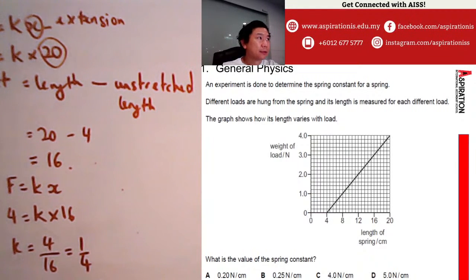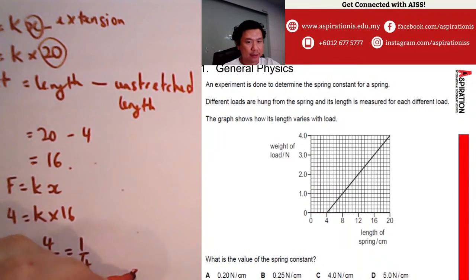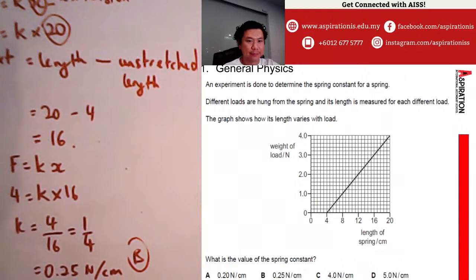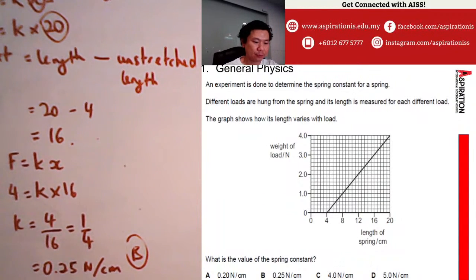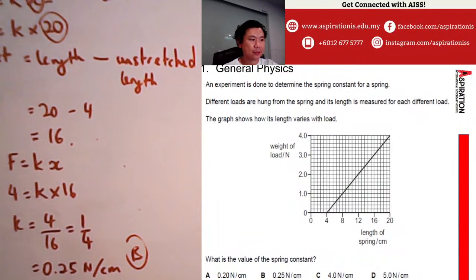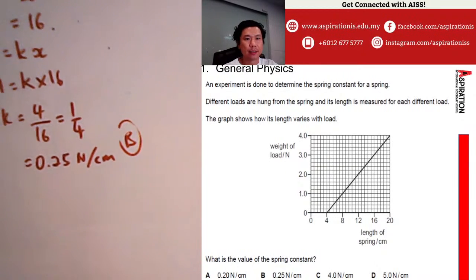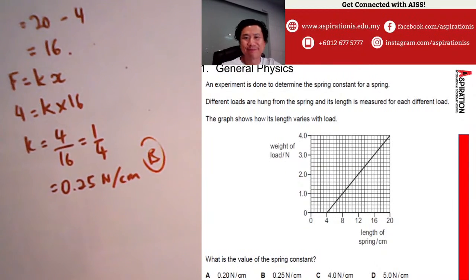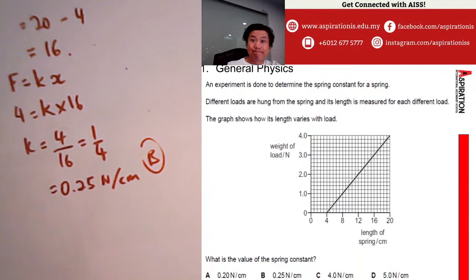So the answer for this question is B. There we go. So the answer to this question is B. If you have any questions regarding this particular question, I'm looking at the chat.